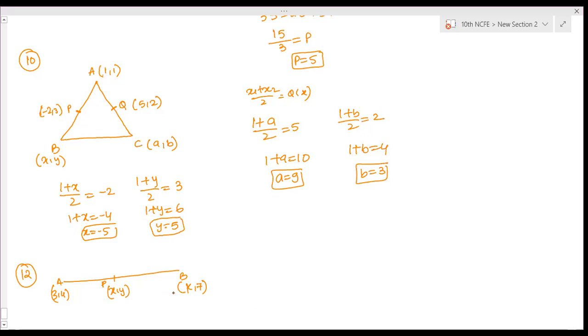Question is missing. So this point is present on that equation. Then find the value of K. If P is present on 2x plus 2y plus 1 is equal to 0, find K. Clear question?